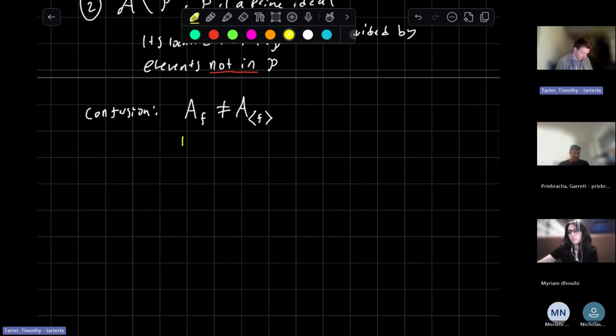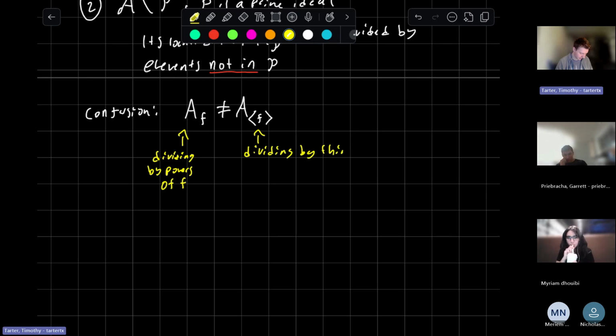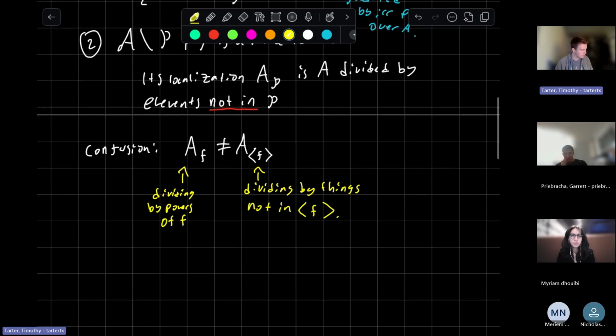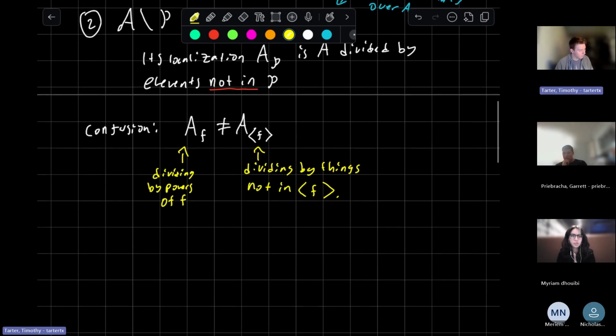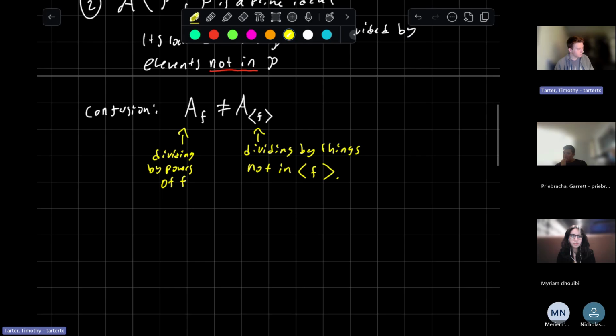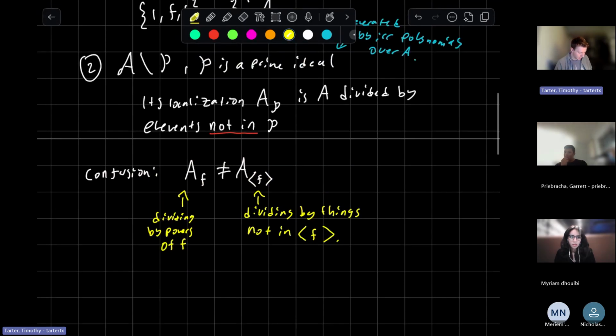In this one, we're dividing by powers of f, and in this one, we're dividing by things not in the ideal generated by f. It can be a little difficult to keep track of this. So yeah. Any questions on this or on notation or something like that?